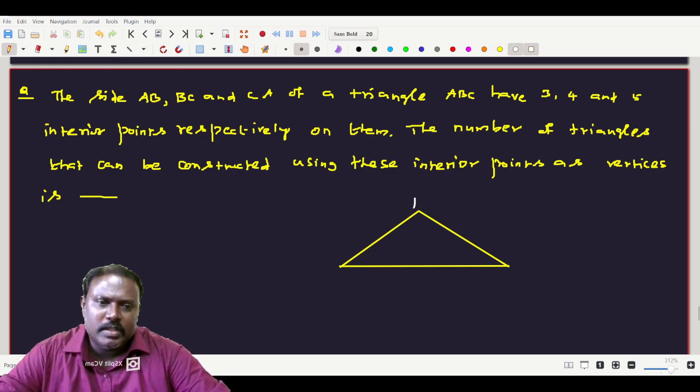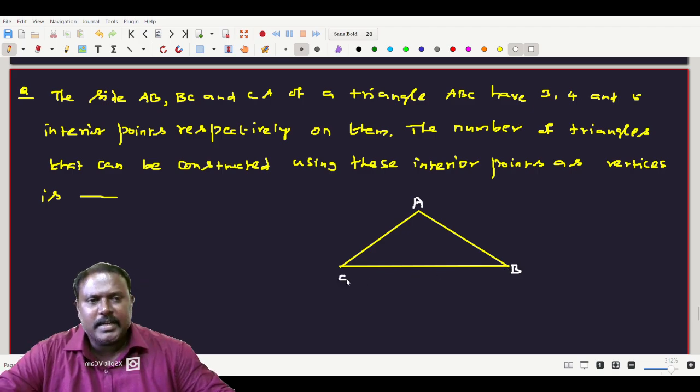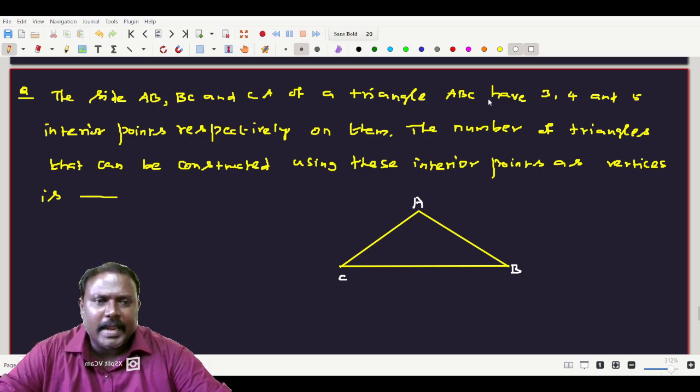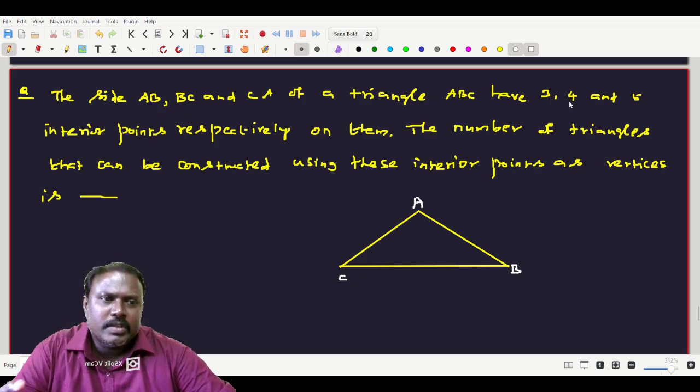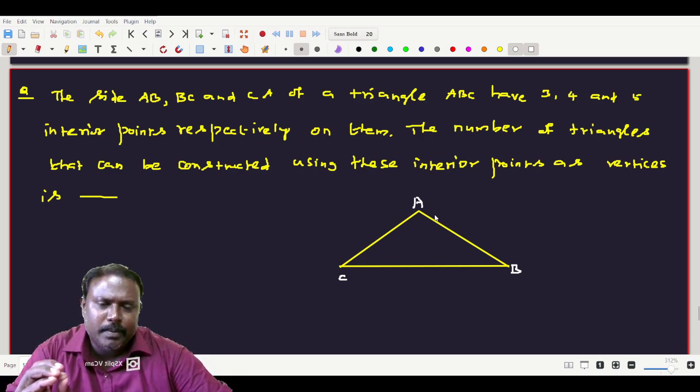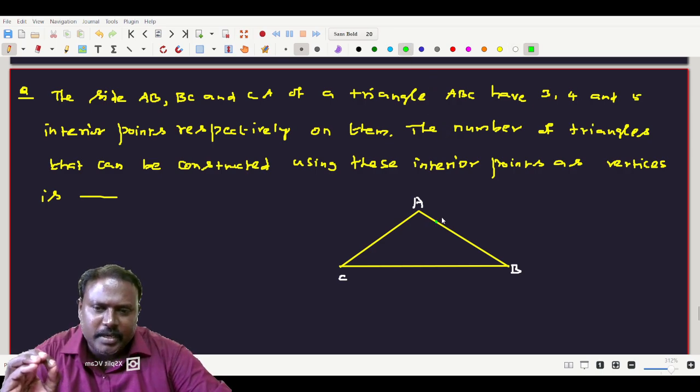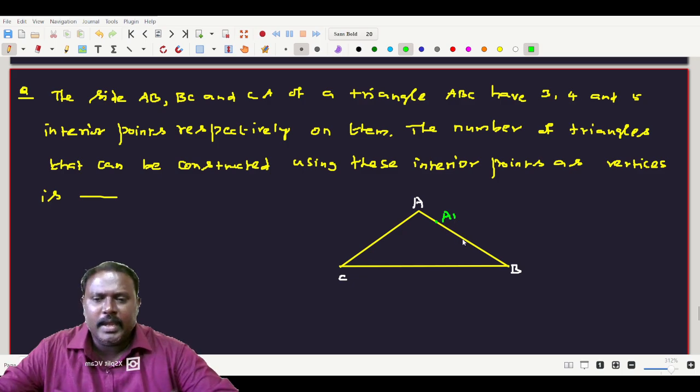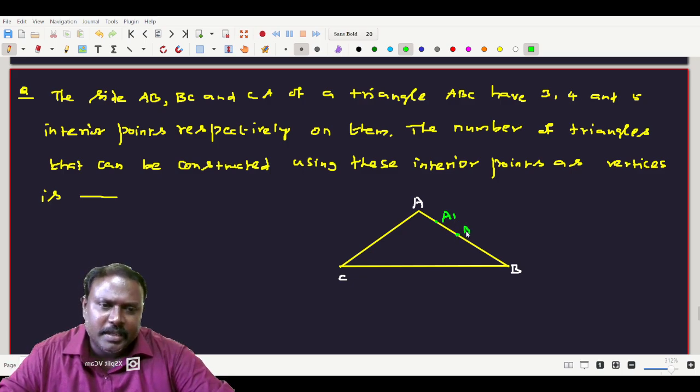This is my vertex A, this is my vertex B, this is my vertex C. So the sides AB, BC and CA of the triangle have 3, 4, 5 interior points respectively. So in the side AB, 3 interior points are there. I call that first interior point A1, the second interior point A2, and then this point A3.